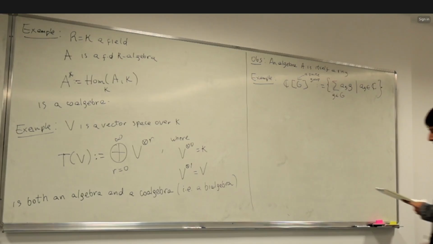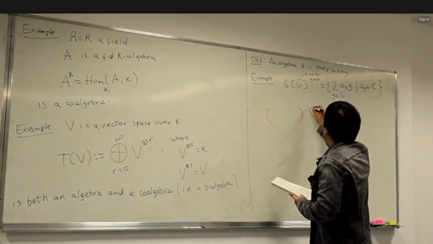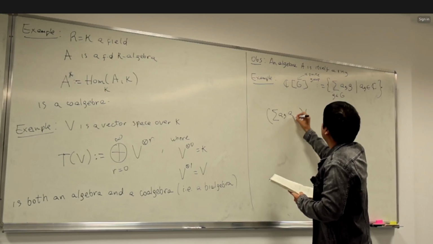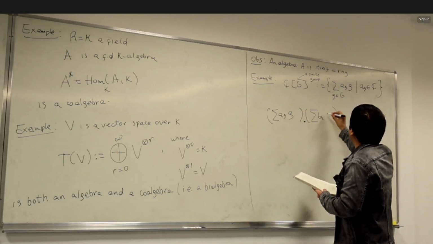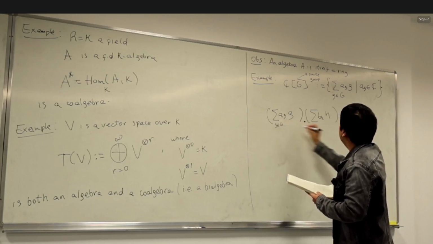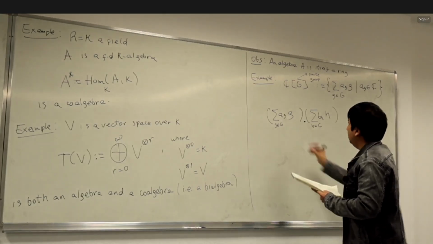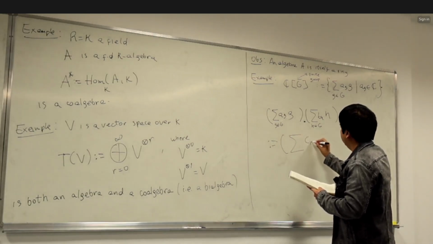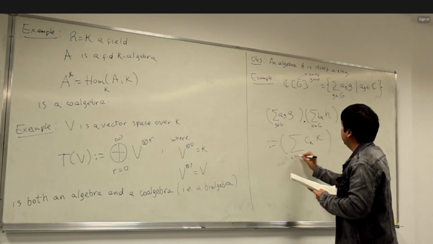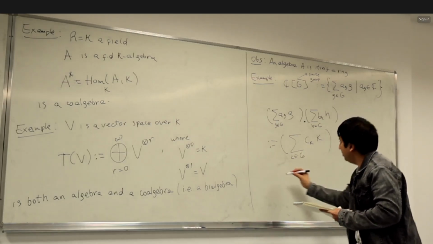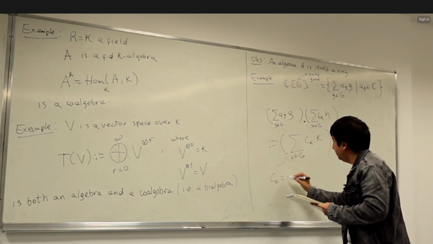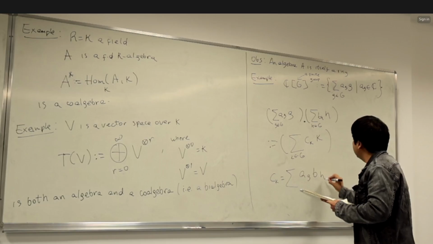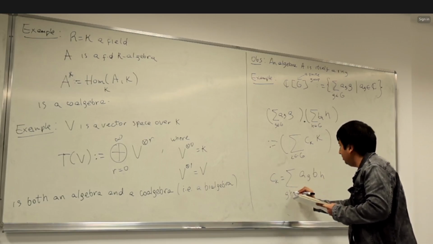So there is a product, for g in G and h in G, defined by the following: c_k is the sum of products where g times h is k.